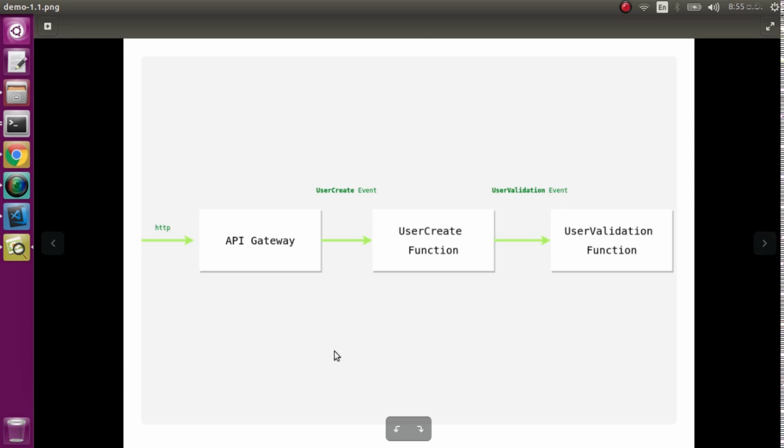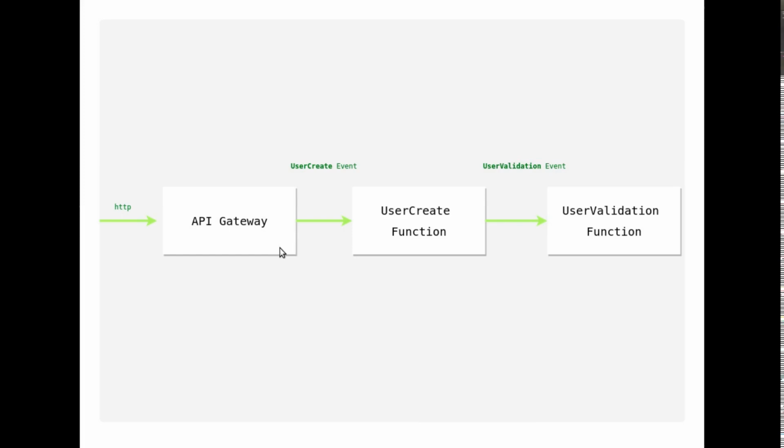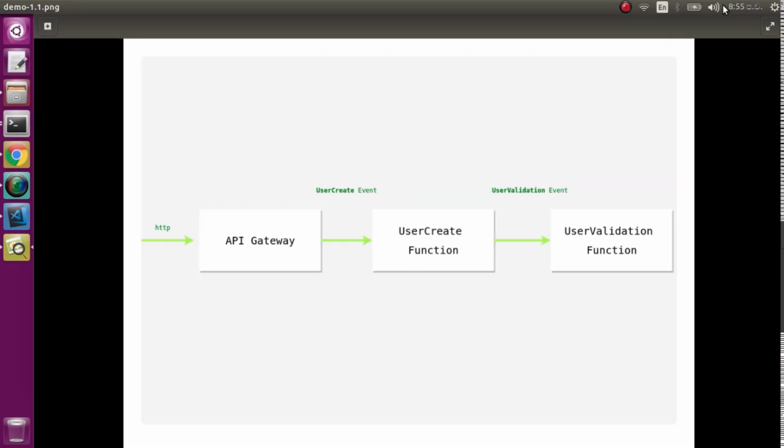Then we are going to create routing rules for the API Gateway. That routing endpoint fires the user create event. When the Java function, the user create function, receives that user create event, it then fires the user validation event.